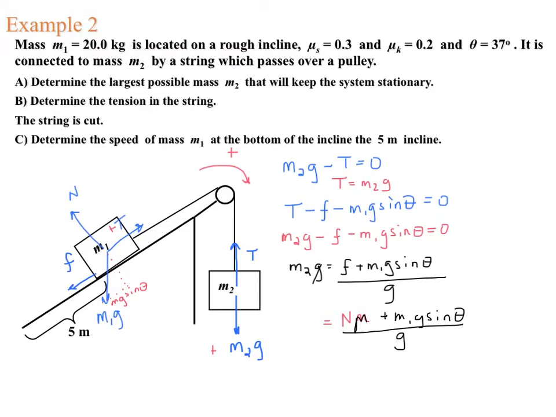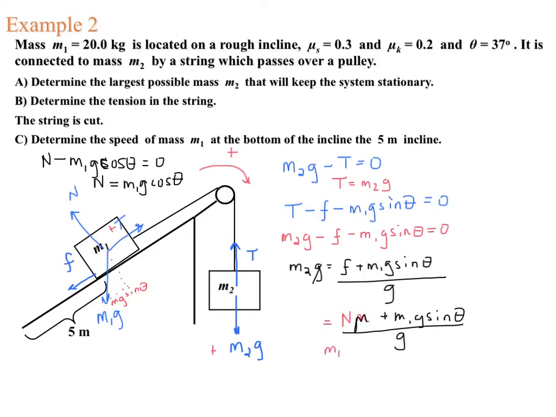The only thing I don't know here is my normal force. But if I go back to my free body diagram, I can see that my normal force is upward, downward is my m1g cosine theta, is equal to 0. So my normal force is actually equal to m1g cosine theta. So I can go back to this equation and finally plug in all of my values that I know.